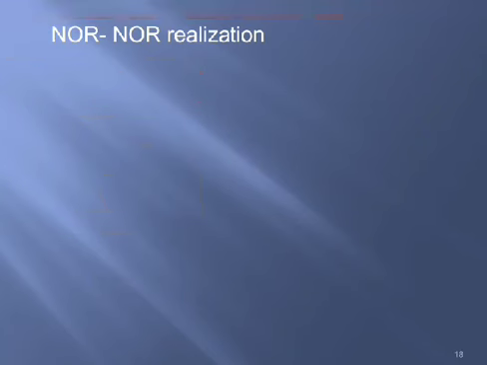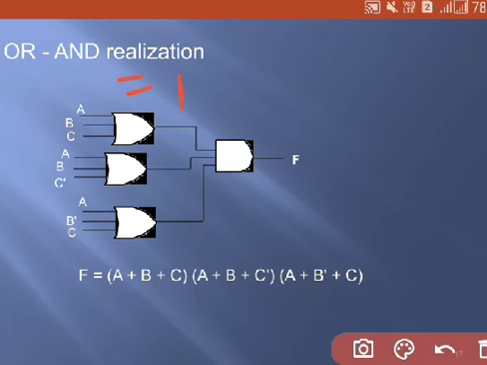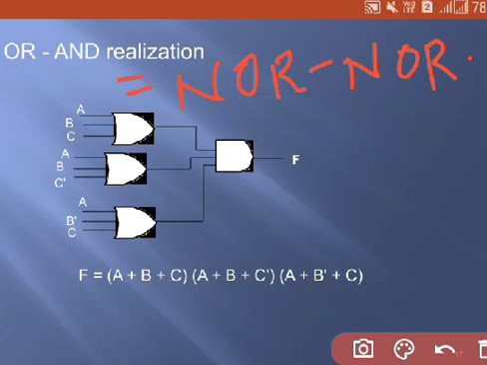Okay, next, we have seen OR AND realization, which is equivalent to NOR realization. As we have discussed for SOP form, AND OR realization is equivalent to NAND.